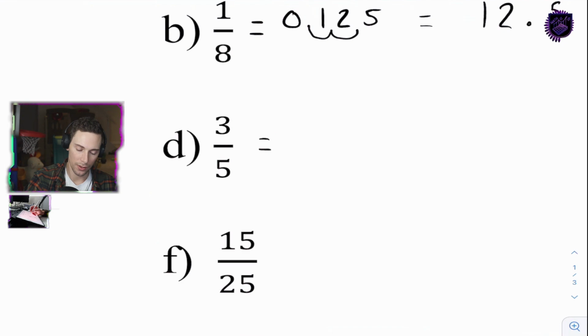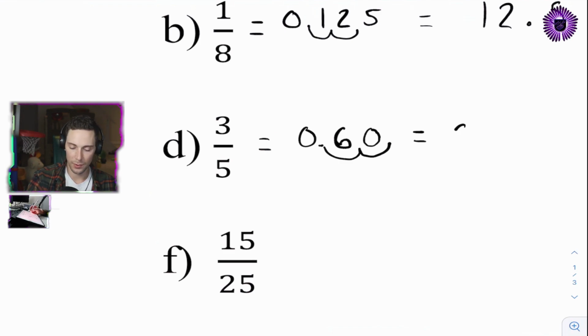So let's change this into decimal, 0.6, and 0.6, moving that decimal place over 2 spots. Even though there's no 0 here, we can add one as a placeholder, and that's going to equal 60%.